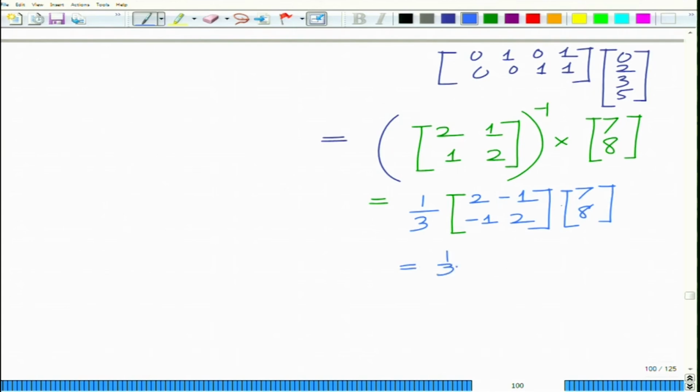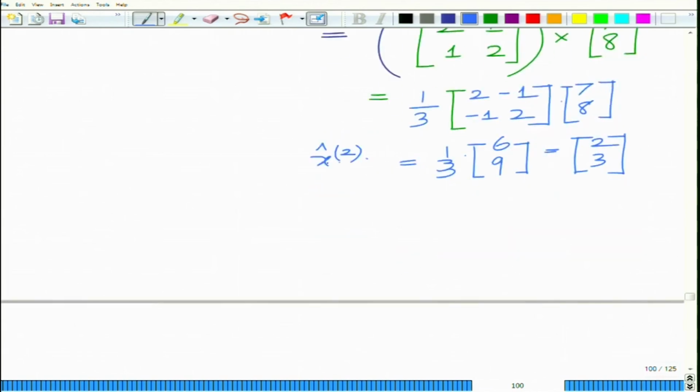So, this is 1 by 3 times, 16 minus 7 is 9, or I am sorry, 14 minus 8 is 6, 16 minus 7 is 9, and this will now give us 2 3, very simple. And this is nothing but your x hat 2, the estimate in the second iteration.